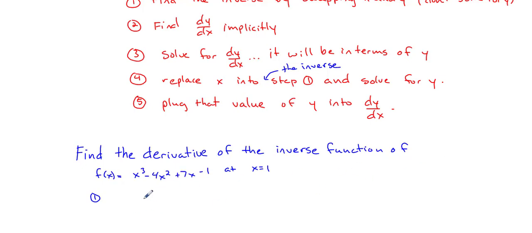X equals y cubed minus 4y squared plus 7y minus 1. Be careful with your x's and y's. Don't be like me and start being sloppy. There we go.